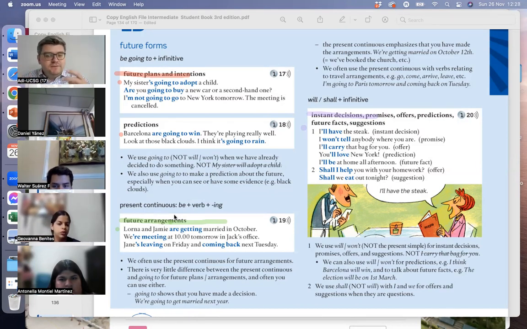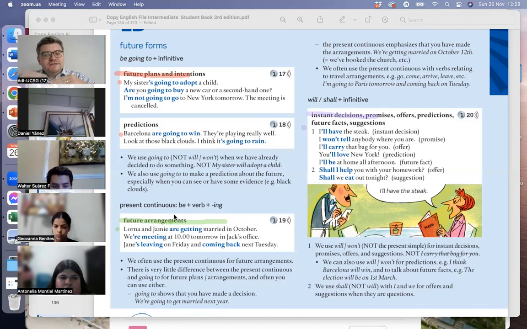So we have to be very particular. At the lower levels, like A1, A2, where you were before, it's not that important, because people will understand if you say, I go to park tomorrow. Grammatically, it's wrong, but the English speaker will understand what you're trying to say.